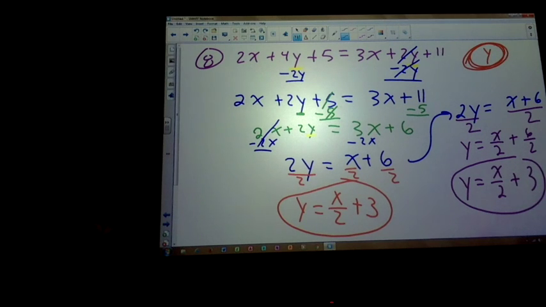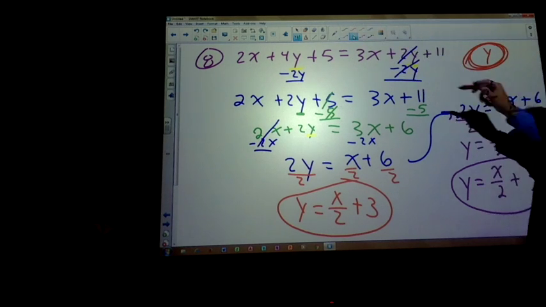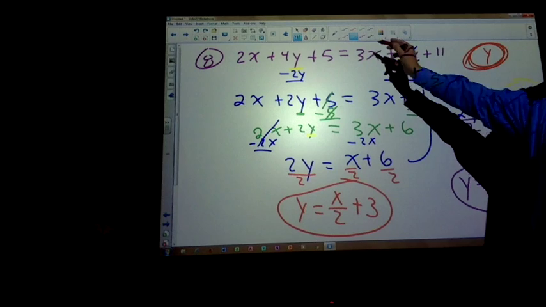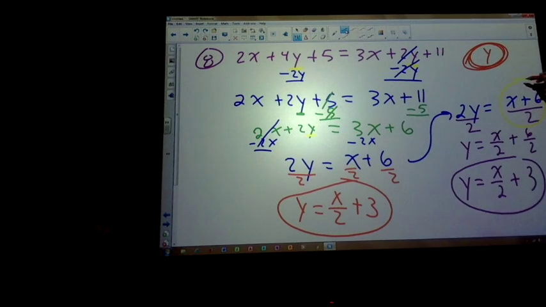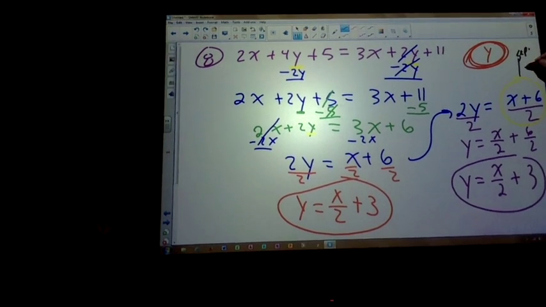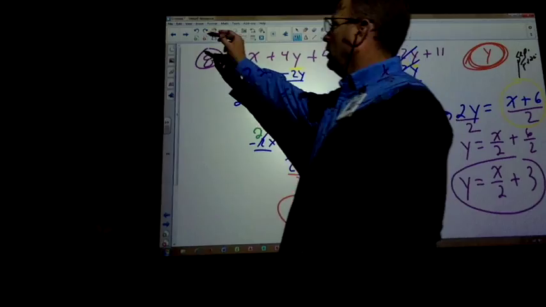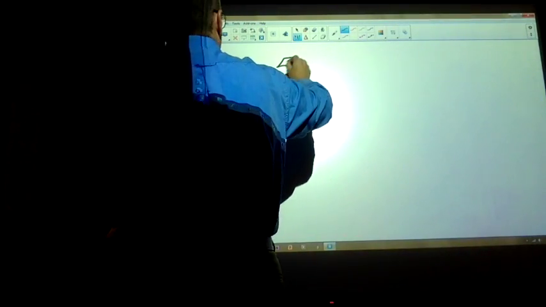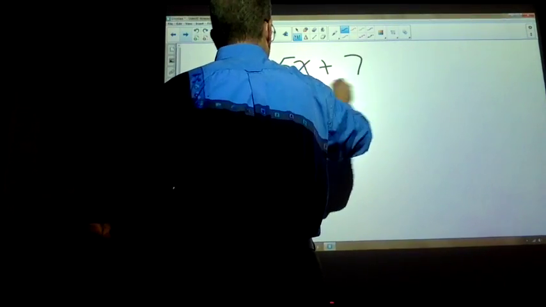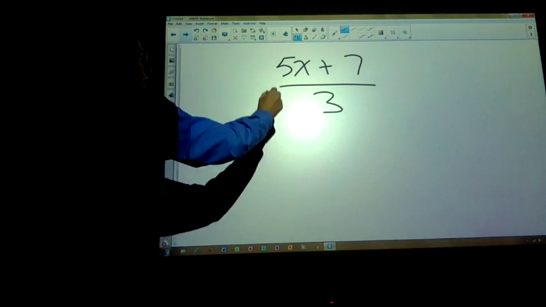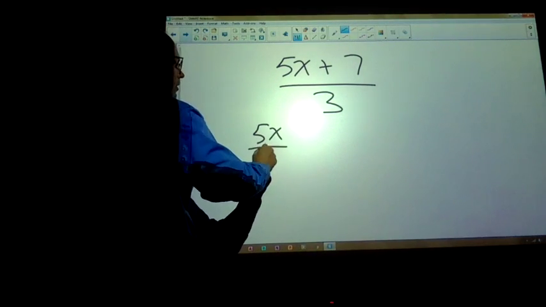So I get what you're saying. So technically what I did is I just divide this whole thing by 2 and then realize that this is a fraction that I could break down, so separate the fraction. So just pull it apart. So that skill is just this. This is the exact same thing as saying this.